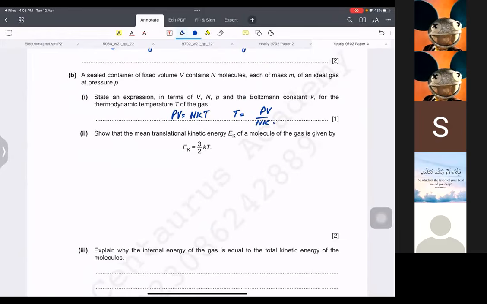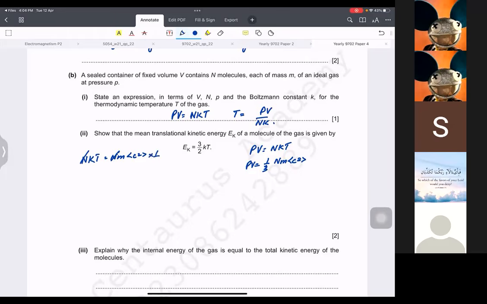Fine. So what you do? PV equals NkT and PV equals 1 by 3 Nmc square. You already know this. So you equate them. So NkT equals 1 by 3 Nmc square. So this and this cancel out. Oh, where is 1 by 3 then?